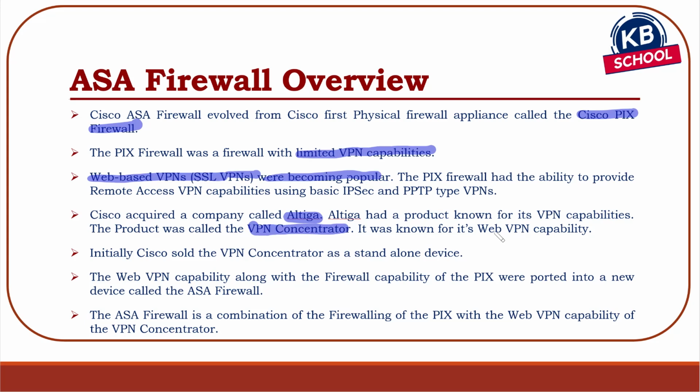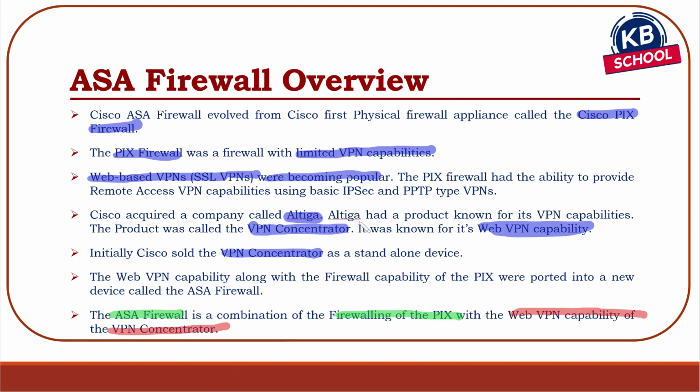The main thing that it was known for was the web VPN capability. They integrated that VPN Concentrator capability with the PIX firewall capability, and that's where the ASA was born. So the ASA is basically a combination of your PIX firewall, the firewalling part of it, and the VPN capability from the VPN Concentrator. All right.